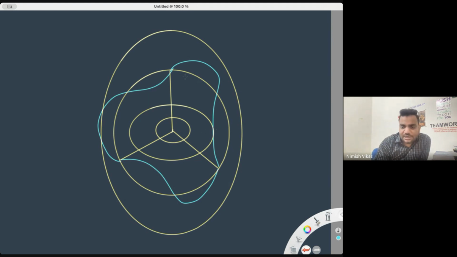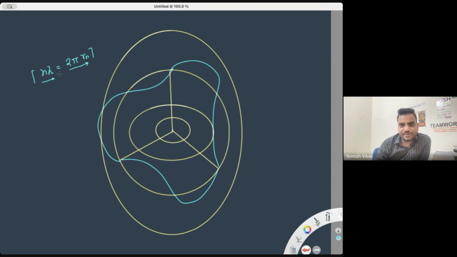So there is a single electron making a three-wave pattern in the third orbit. And for the same, he has given one equation: n lambda will be equal to 2 pi Rn.